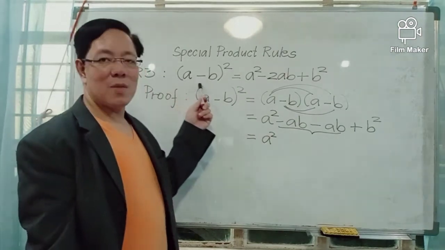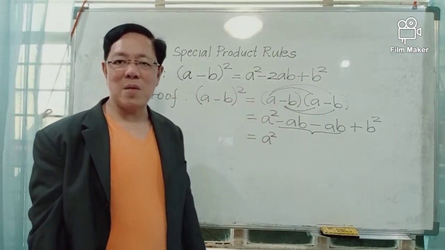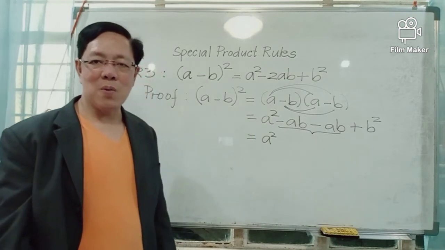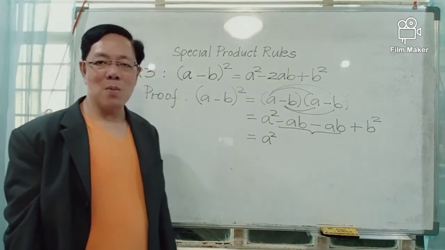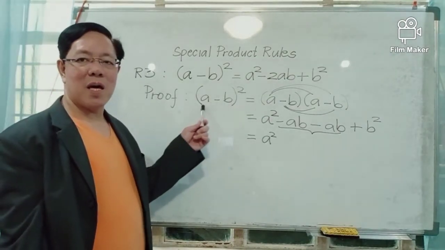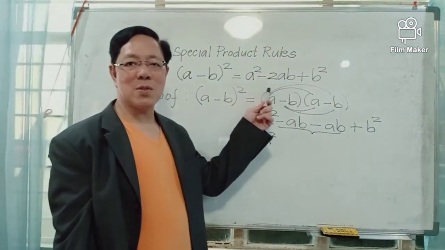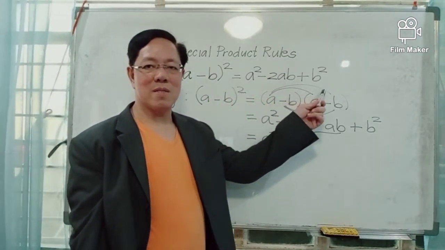And we can easily verify this third special product rule by applying property of exponent and long multiplication. We verify that the square of A minus B is equal to A squared minus 2AB plus B squared.